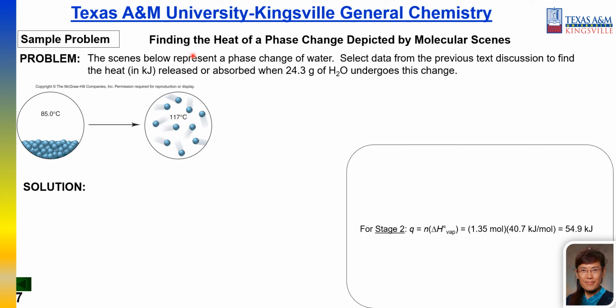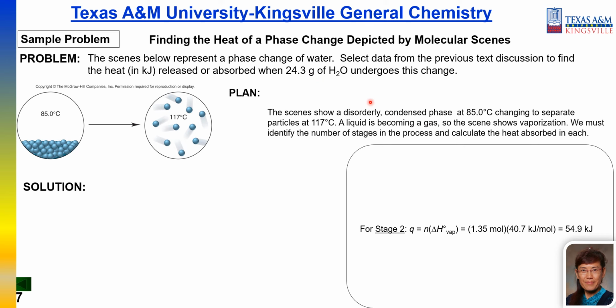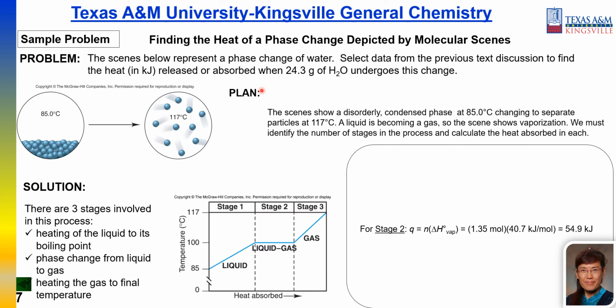So how do you find the heat of a phase change depicted by this molecular scene? In this case, you measured the water. You did the experiment using 24.3 grams of water. So what's your plan? So here is our plan.